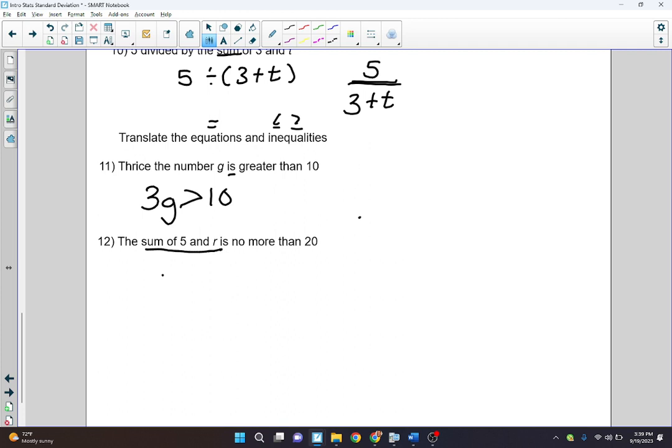We know that's going to be 5 plus r is no more than 20. Wonderful. It's less than or equal to. Think of it like this: I cannot be bigger than 20, so that must mean I must be equal to or smaller than 20. So less than or equal to 20.